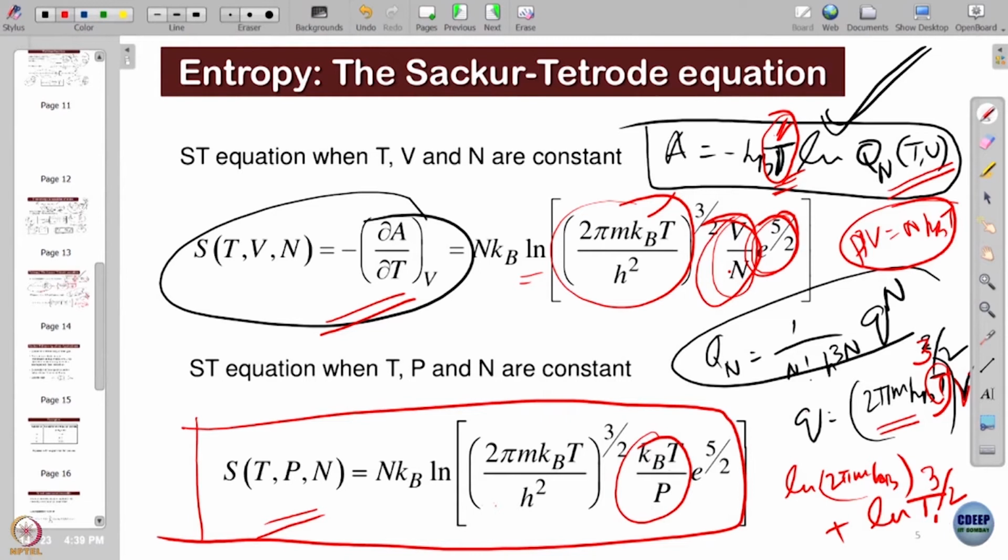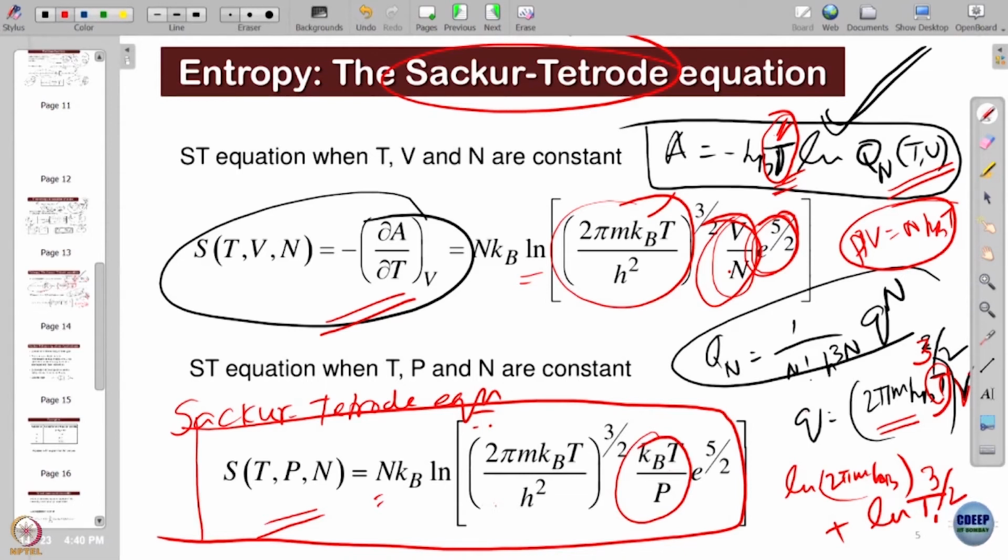So, the entropy is extensive because it is proportional to n. But this is the beauty of the equation. It is called the Sackur-Tetrode equation, often called the ST equation. This is the equation which is one of the.